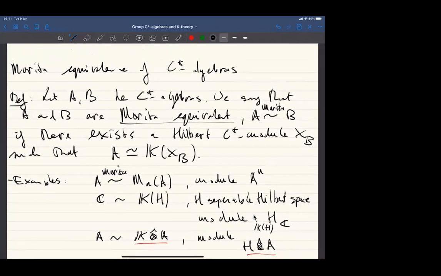So there exists, that is correct, a full Hilbert C-star module, and full means that this set of inner products is dense in B. That's right. So you cannot just take any C-star module. This is an important point indeed. You need that the values of the inner products see the whole algebra.